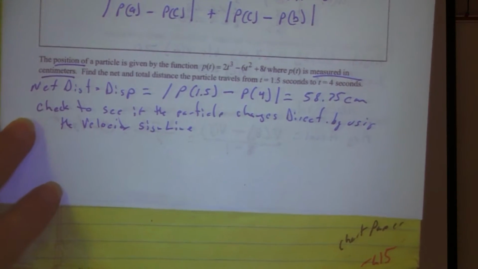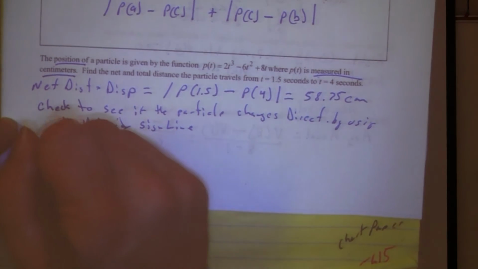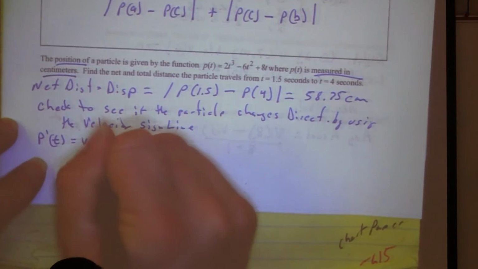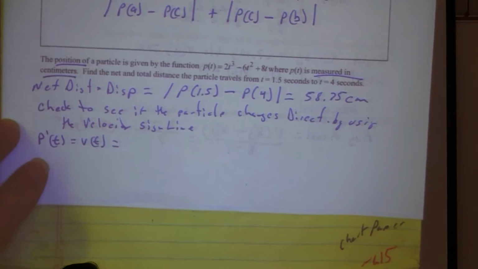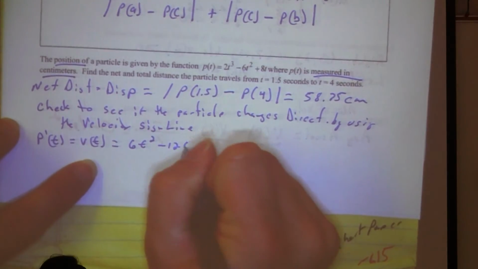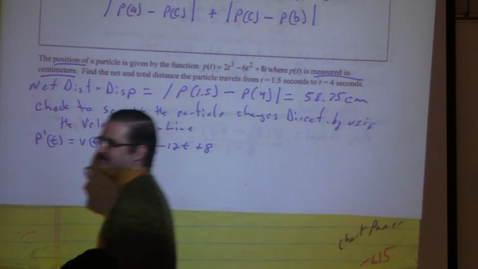To make a velocity sign line, I need to get the derivative of what? Of the position. So what would be the derivative of the position? 6t squared minus 12t plus 8.